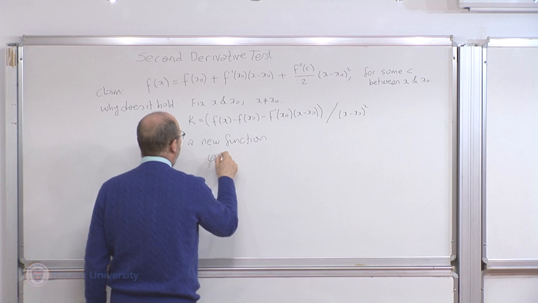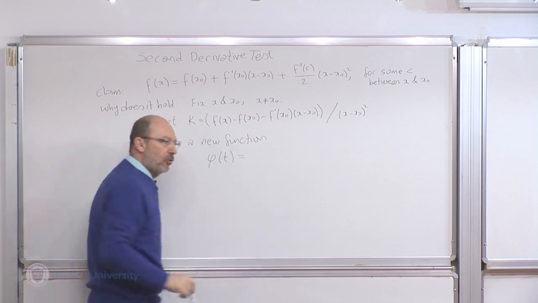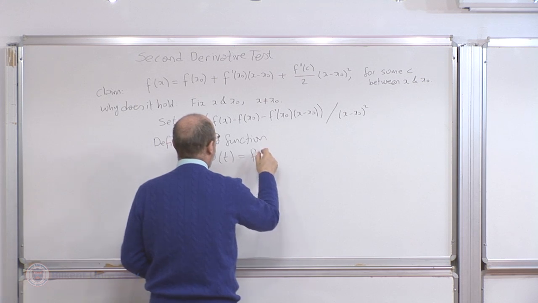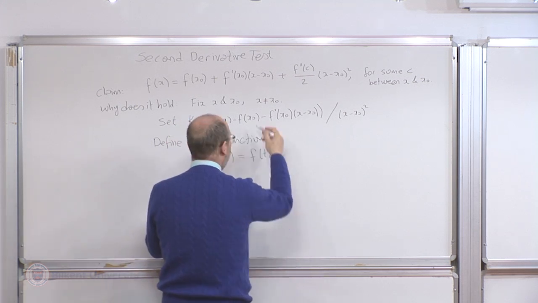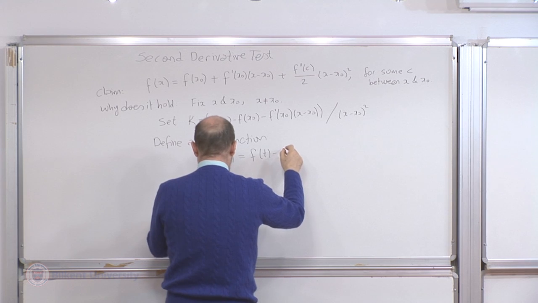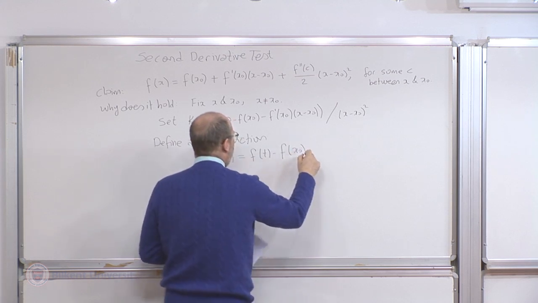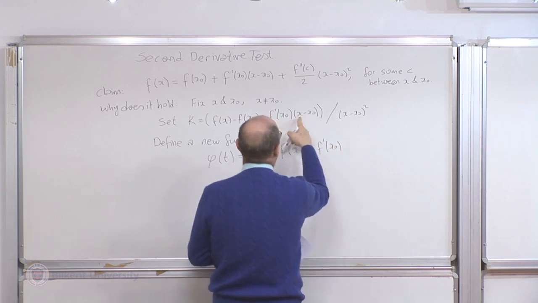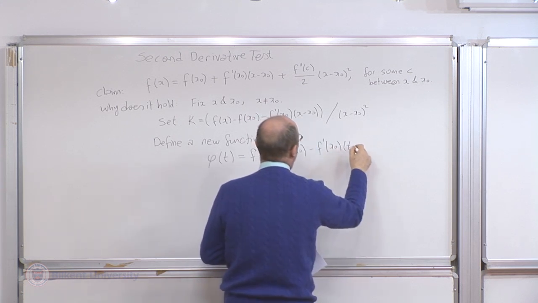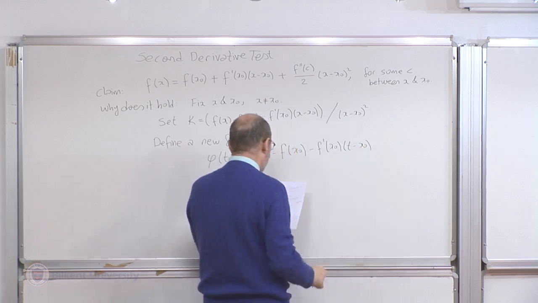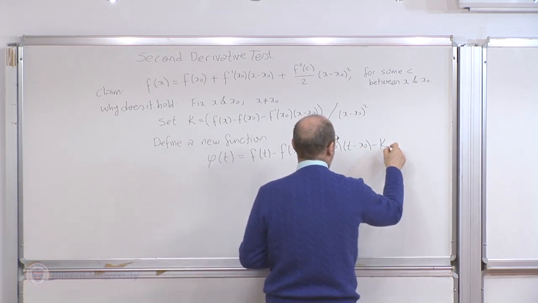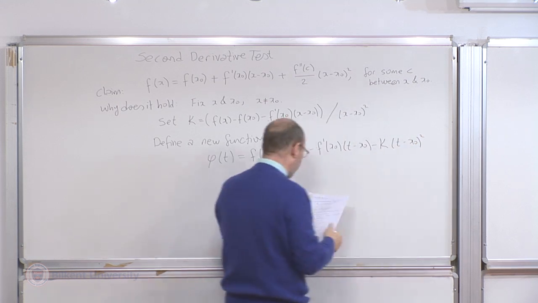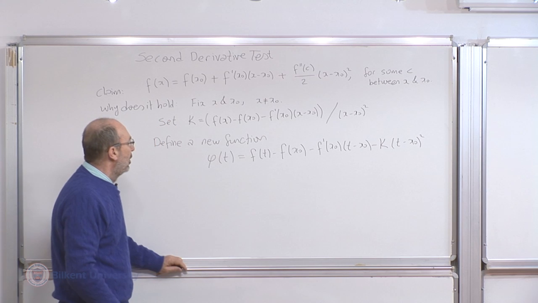Say phi of t. I write phi so that it looks scientific. Phi of t is this obvious thing: f of t minus f of x sub 0 minus f prime of x sub 0, except that instead of x I put t, times t minus x sub 0, minus k times t minus x sub 0 squared.